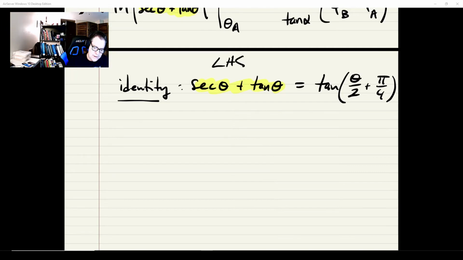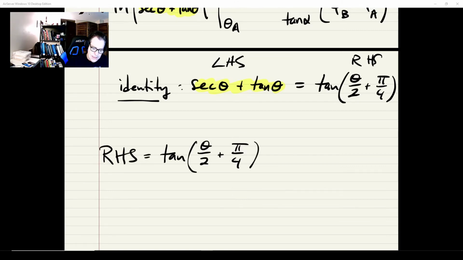I'll say this is the left-hand side and this is the right-hand side. I'm starting with the right-hand side, and I'm going to show that that's equal to the left-hand side.